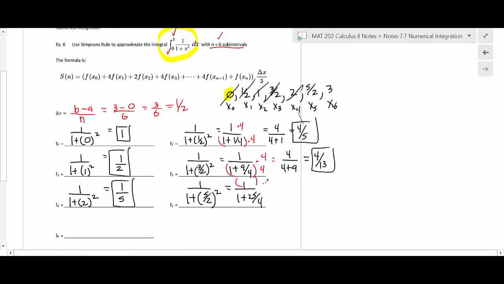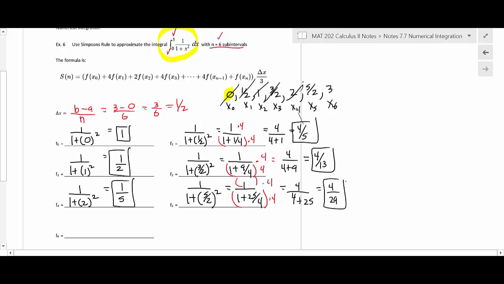So I'm going to multiply that again by 4 over 4 to get rid of the fraction. That's going to give 4 over 4 plus 25. So we've got 4 in the numerator. 4 times 1 is 4. 4 is crossed out, leaving 25. So that's 4 over 29.